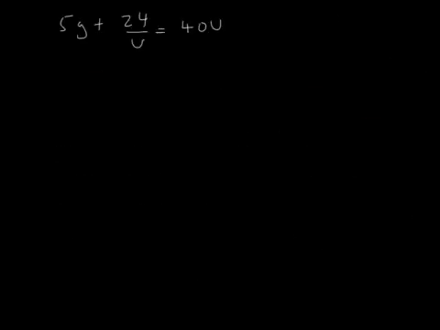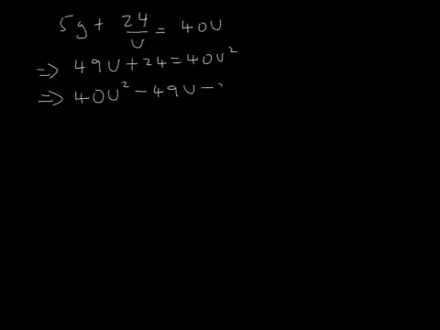Here it is, so let's multiply everything by u, and g is 9.8, so 5 times 9.8 is 49, so 5g is 49, and we're timesing everything by u, so we get 40u squared minus 49u minus 24 equals 0.